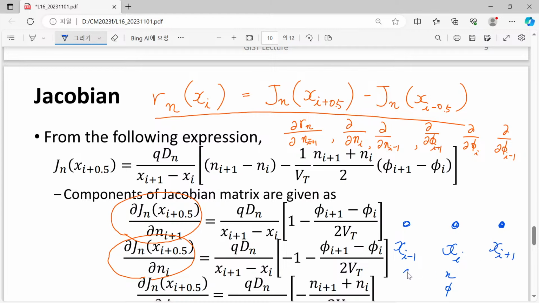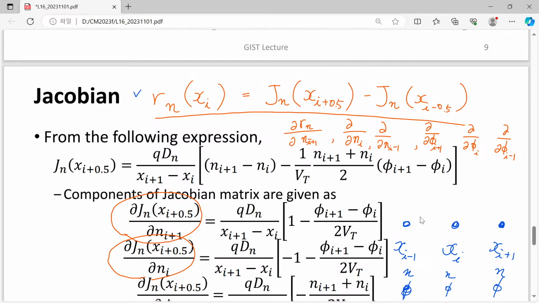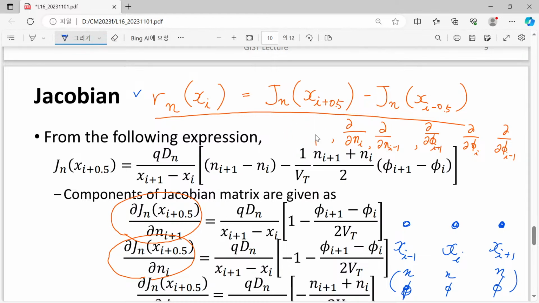They all have also another pair like n phi and n phi. So when you evaluate this residue function, then your residue function will depend on these 6 quantities. So you must calculate these dependencies.